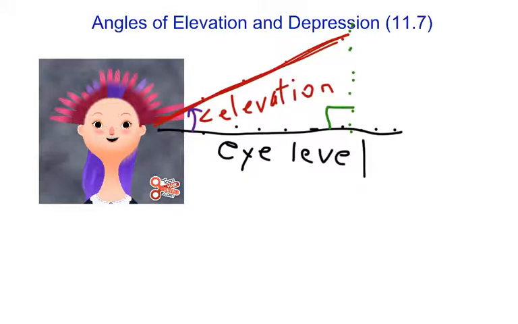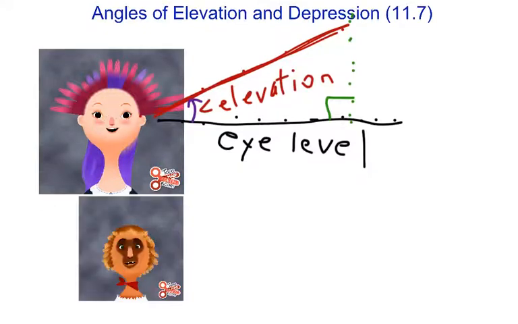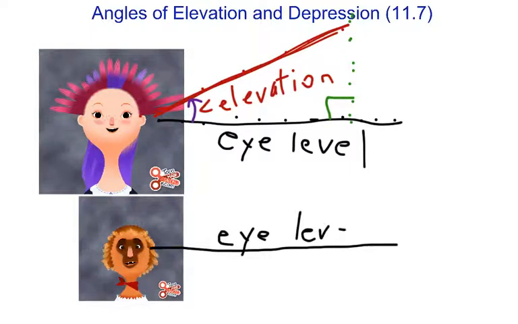And then let's go ahead and draw an angle of depression. So draw another eyeball, and then draw eye level from that eyeball. And then let's say you're looking down, maybe looking at the ground now. So if you're looking down, that's called depression.